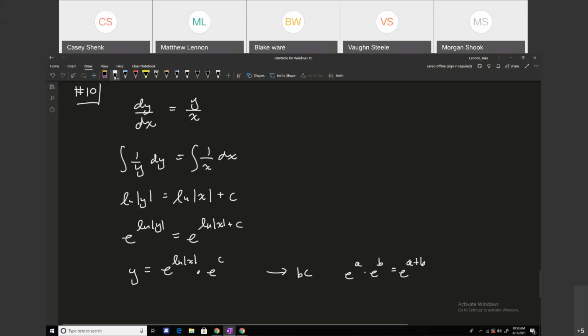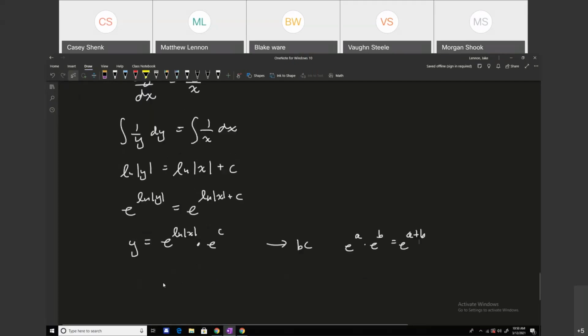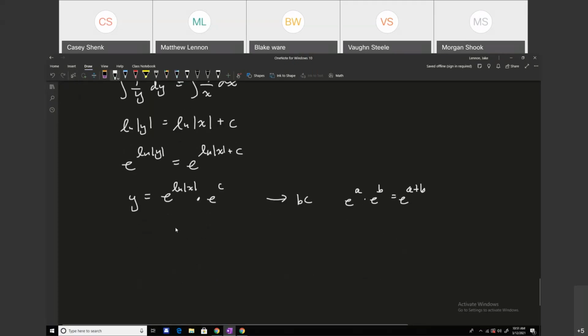So this natural log of x plus a constant will be the same as e to the natural log of x times e to the c. And because e to the c is arbitrary, we could rename it by an arbitrary constant as well. So I can actually just call this c times e to the natural log of x. So that's a trick that's used often with arbitrary constants.